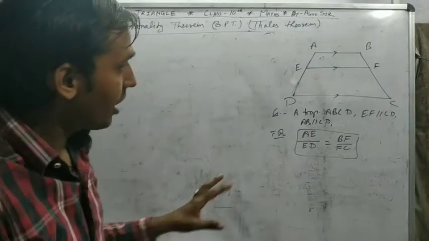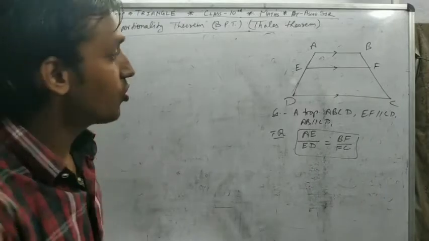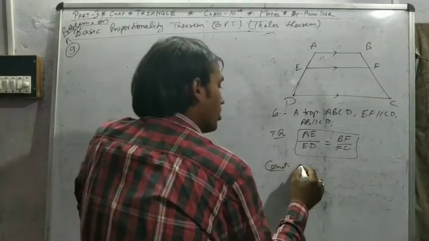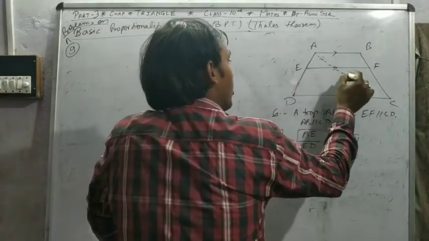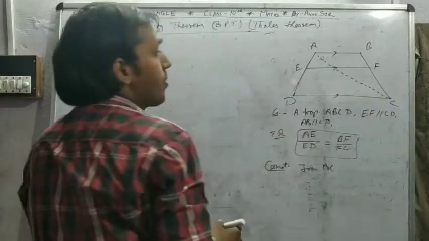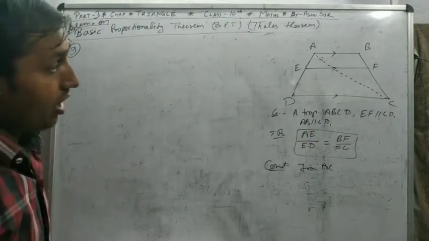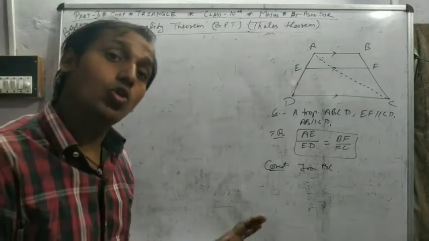So here we have no triangle. So we construct any one diagonal, join AC, for dividing the trapezium into two triangles, and after dividing you have to see two BPT.